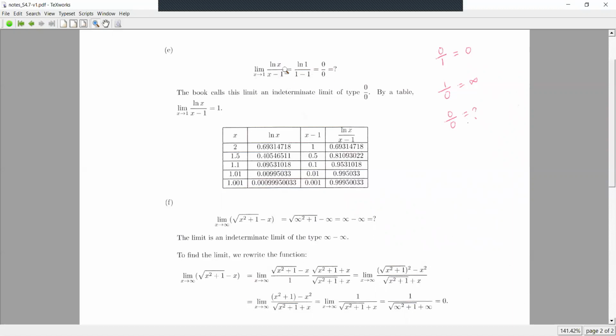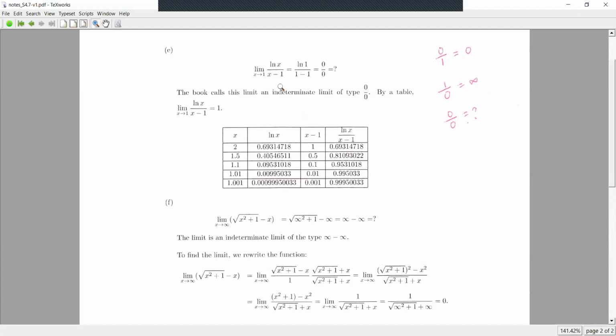Now this time, direct substitution fails again. So this limit is a difficult limit, cannot be determined by direct substitution. The book calls this limit an indeterminate limit of the type 0 over 0. Then how to find this limit? A table works.